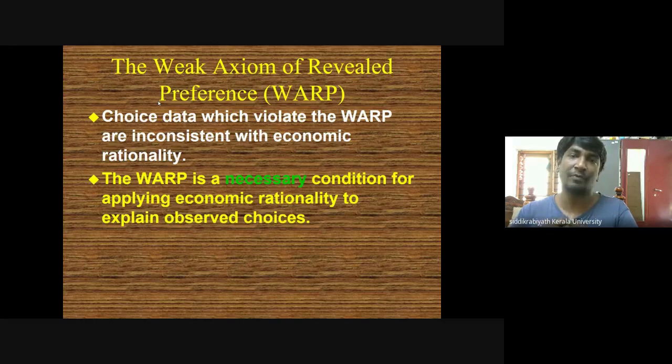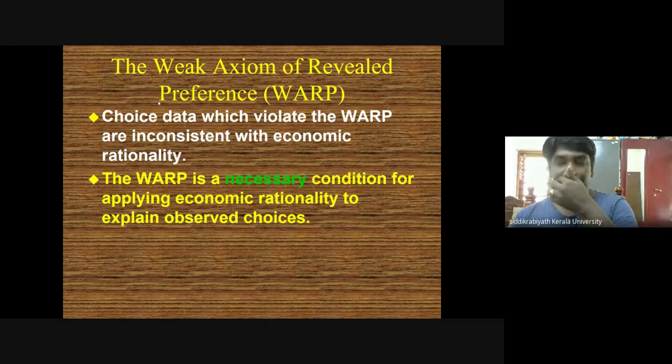Now this is the first implication someone can immediately derive. That means we have already seen our axioms of rational choice: reflexive, connected, transitive, symmetry, anti-symmetry, asymmetry, and intransitive or transitive conditions. So all this we have already understood.